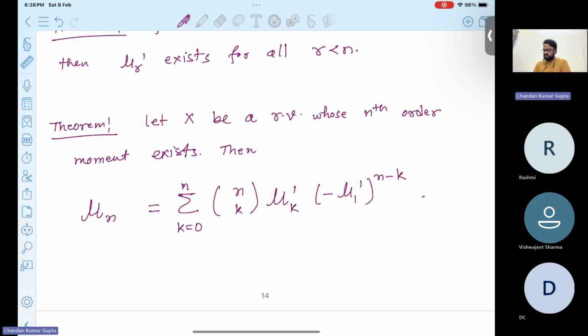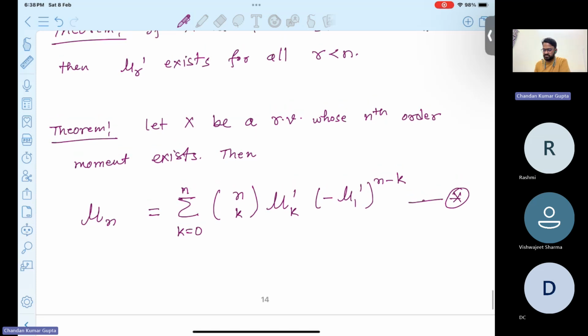So with this star, we are able to make a relationship between non-central moment and central moment. Put the value of n equal to 1, 2, 3, and so on, and we are able to calculate the central moment with the help of non-central moment. This can be easily solved with the help of binomial expansion.